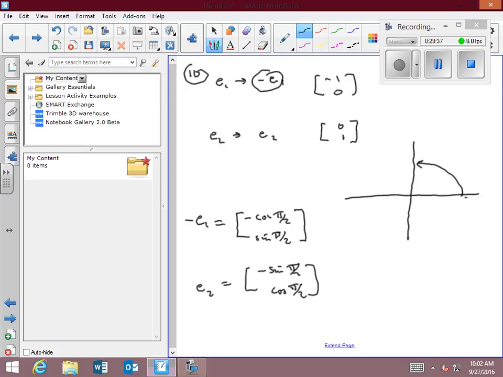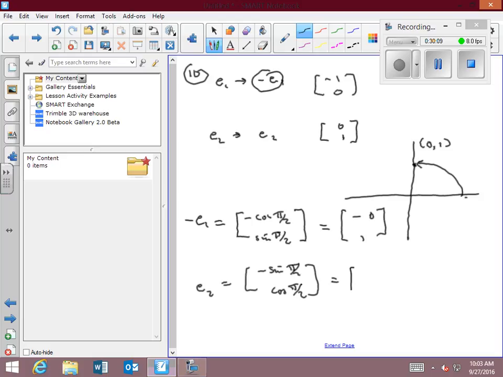Well, your x, y values at this point on the unit circle are what? 0 and 1. So the cosine is going to be a negative 0, and the sine of pi over 2 is 1.